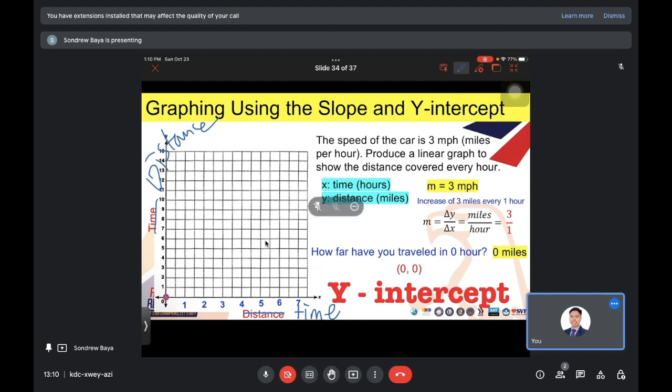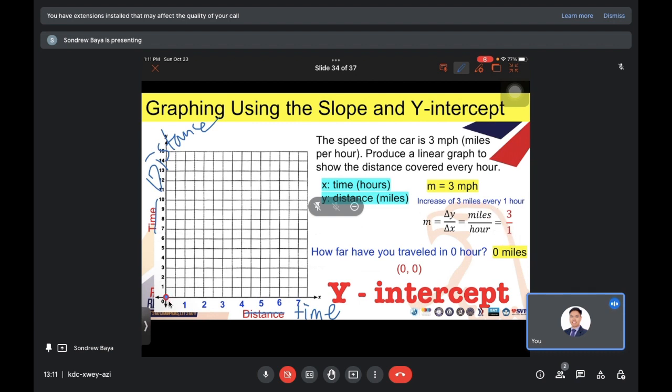Now, how do you create the line graph? To create the line graph, we need to use the concept of the slope. Remember, your slope is every 1 hour you cover 3 miles. In other words, every time you spend 1 hour, the change in x is equal to 1, and the change in y is equal to 3.